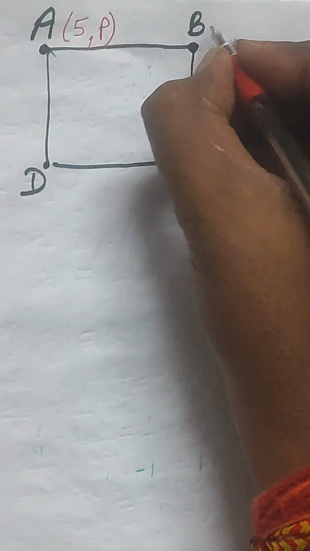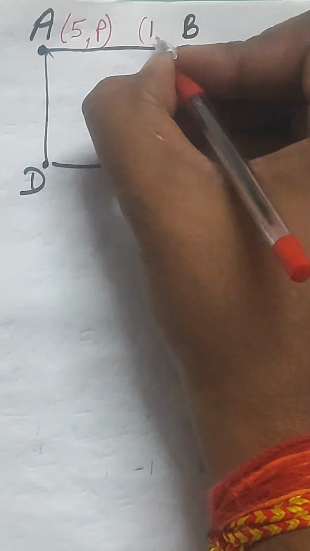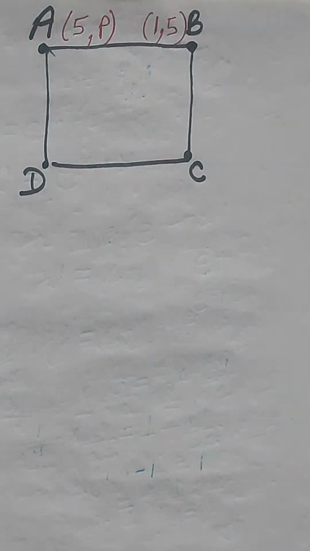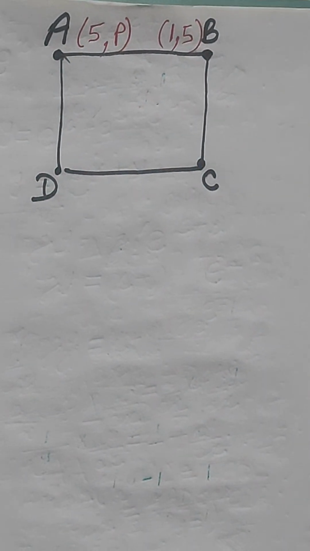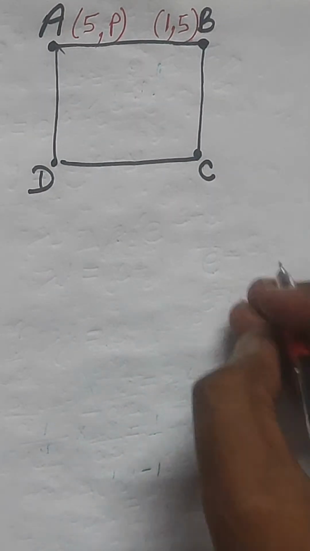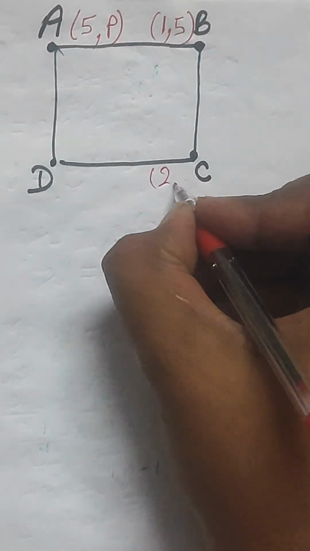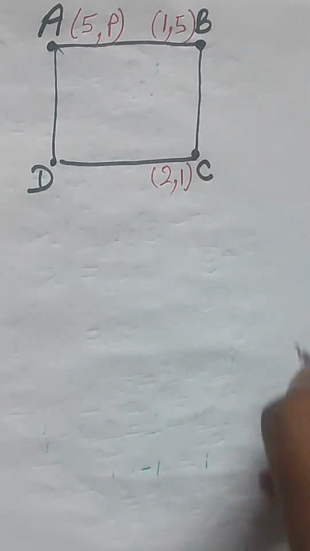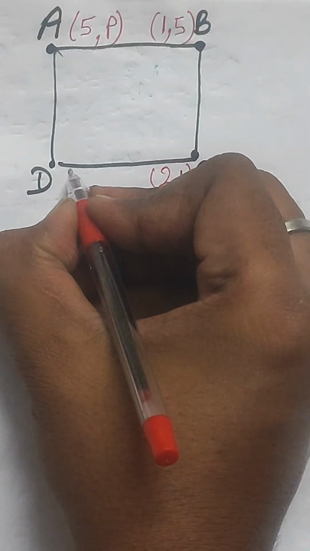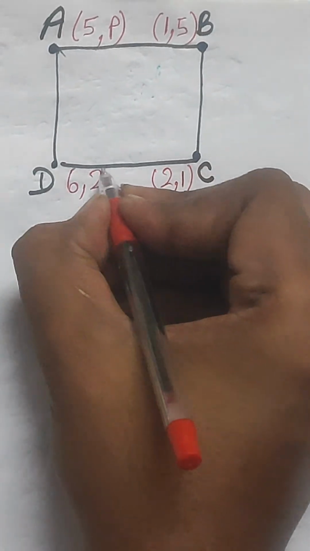Similarly, B is having the coordinates (1, 5), right? Similarly, C is having the coordinates (2, 1), right? And D is having the coordinates (6, 2), right?